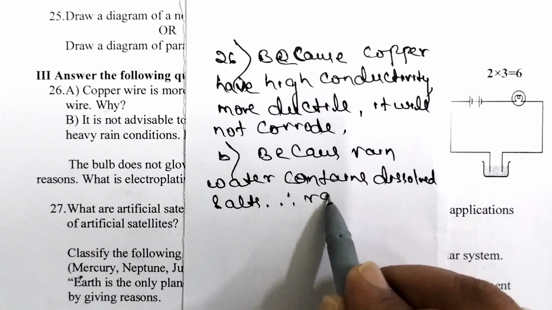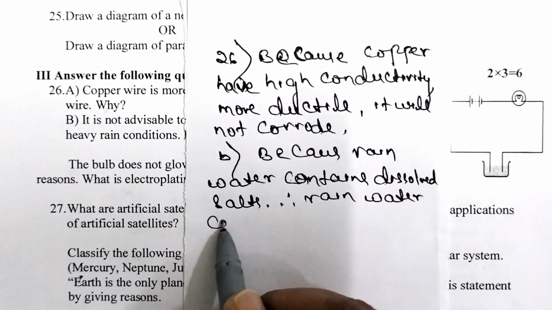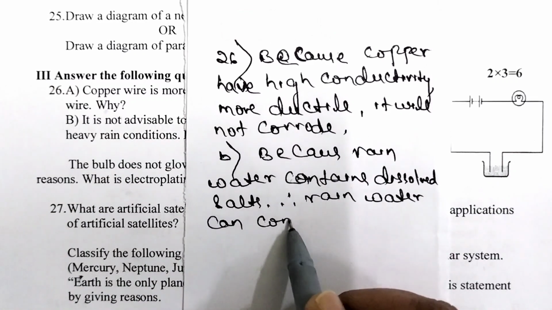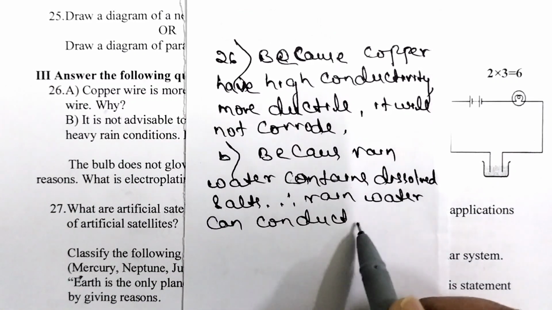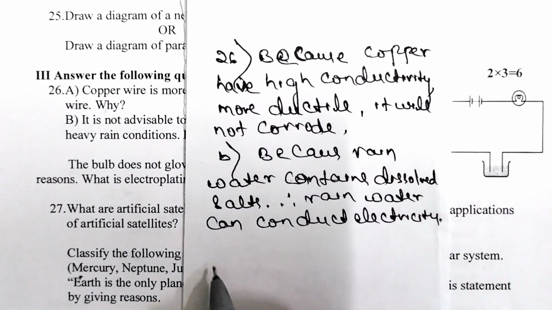Therefore rainwater can conduct electricity. So rainwater can conduct electricity.